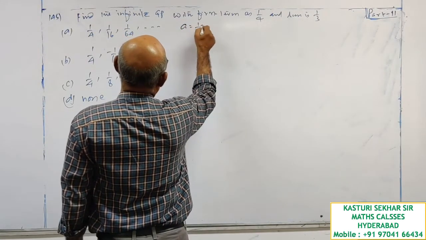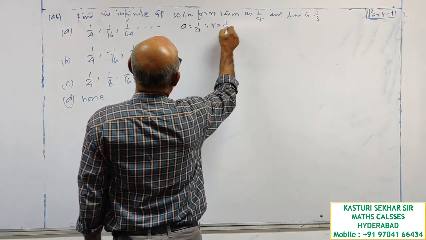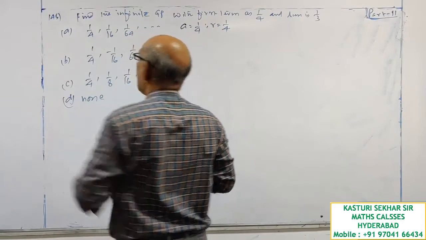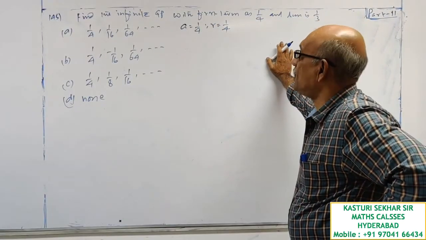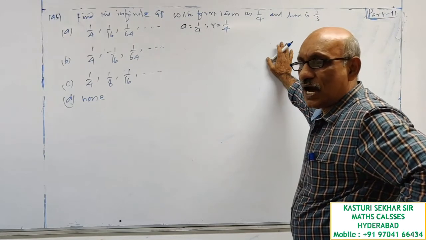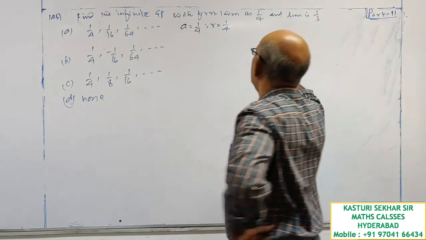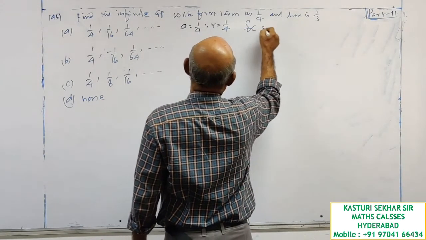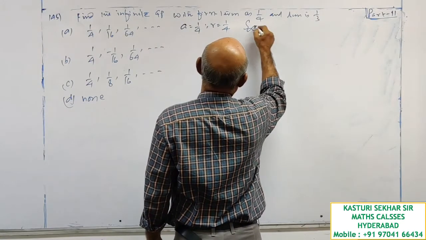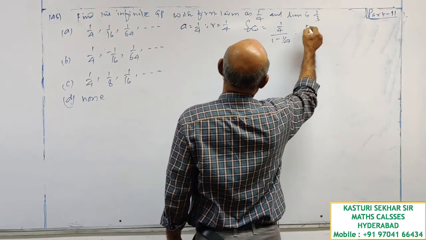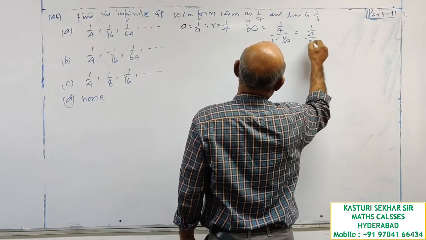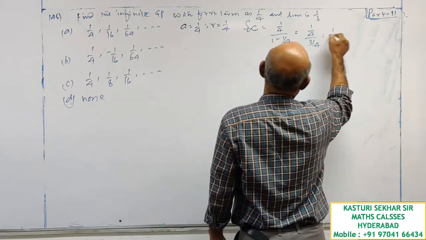For option A, first term is equal to 1 by 4, common ratio also 1 by 4. S infinity is equal to first term divided by 1 minus common ratio, 1 by 4 divided by 3 by 4.